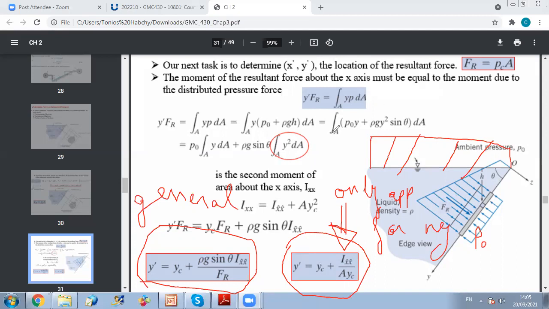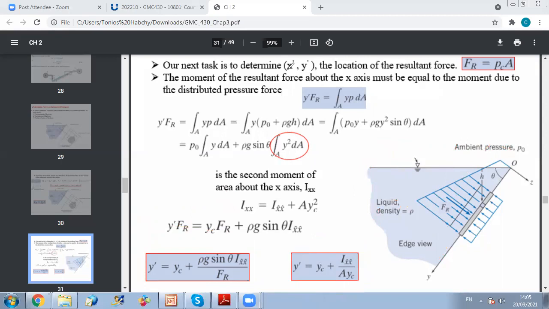If you consider the y-axis at the centroid, you can consider your origin at the centroid. If you take it upward, your result will be that the point of application is below the centroid, so it's a negative.